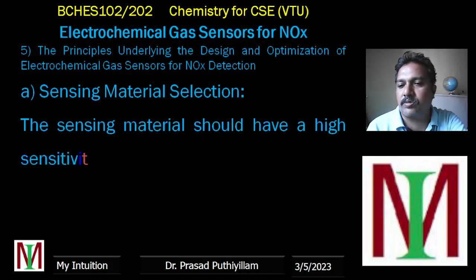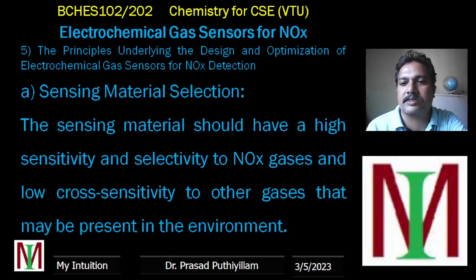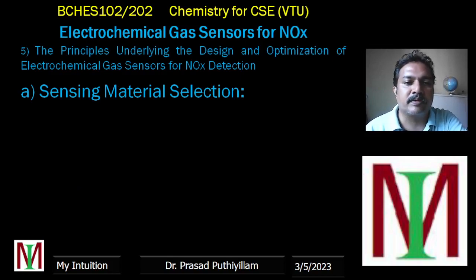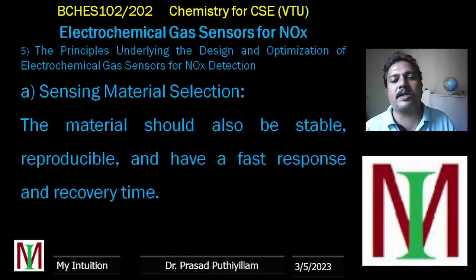The sensing material should have a high sensitivity and selectivity to oxides of nitrogen gases and a low cross sensitivity to other gases that may be present in the environment. The material should also be stable, reproducible, and have a fast response and recovery time.